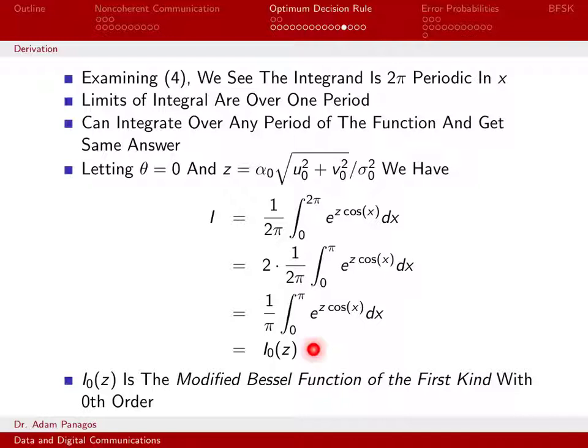Like lots of things we do in this class with Gaussian random variables, where we have phi functions and q functions, these are functions that behind the scenes are really integrals that you can't evaluate in closed form, but they appear so often that we call them a special function, phi function, q function. We've now run across another one of these, and that is the modified Bessel function, and this is of the first kind with the 0th order. There's also of the second kind and different orders and things like that. But for us, what this boils down to is this integral is just a function. So we actually have accomplished quite a bit.